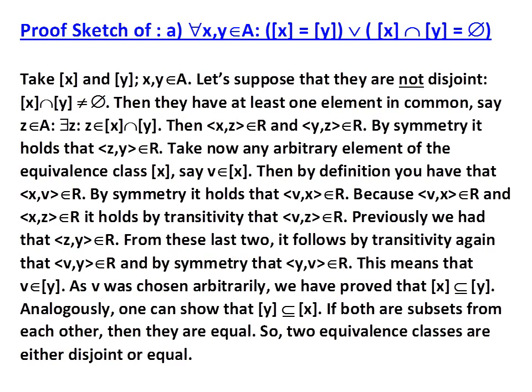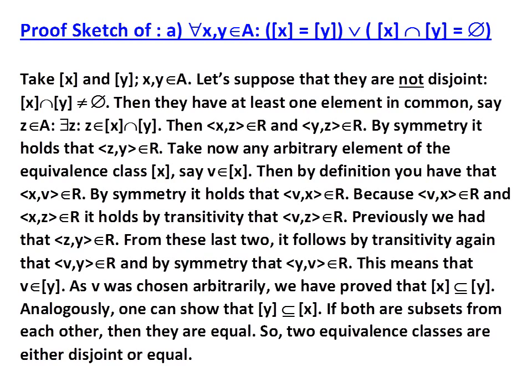Because (v, x) and (x, z) are elements of R, it holds by transitivity that (v, z) is an element of R. Previously, we had that (z, y) was an element of R. From these last two, it follows by transitivity again that (v, y) is an element of R. And by symmetry, finally, that (y, v) is also an element of R. This means, by definition, that v is an element of the equivalence class of y.